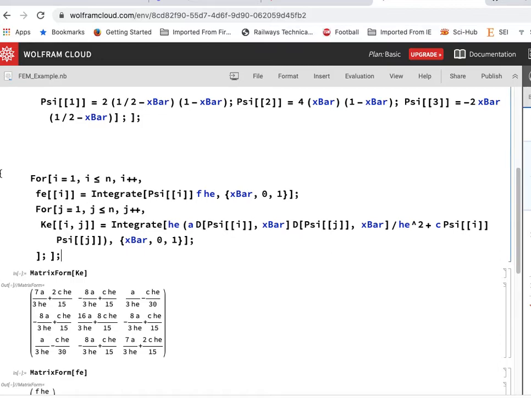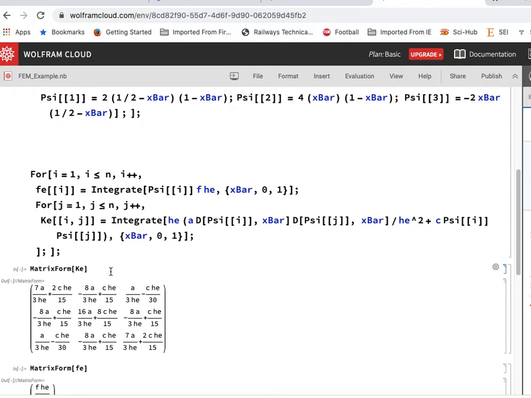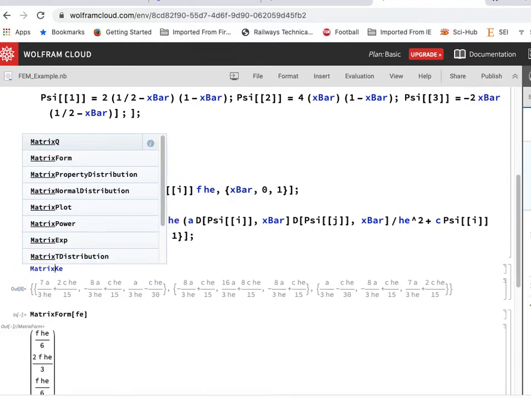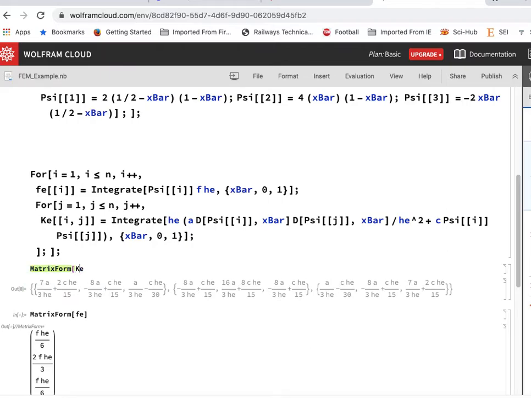Now I have done this for n equals 3. So for n equals 3, I ask for the matrix form of Ke. Why am I saying matrix form? If I simply say Ke, I will get it in this double bracket form, which you cannot see clearly. So I am saying matrix form of Ke.